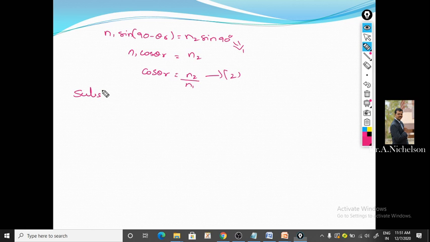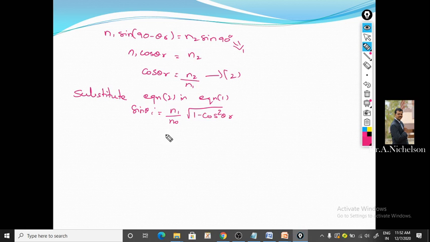So what is equation number 1? Sine theta i is equal to n1 divided by n0 into square root of 1 minus cos square theta r.